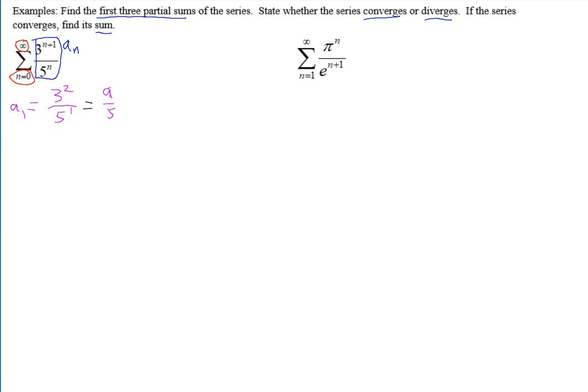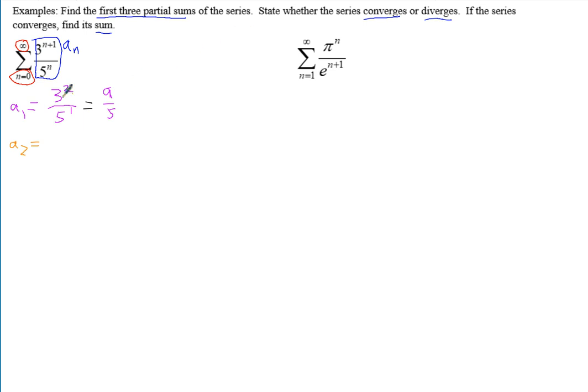So before we find the first three partial sums, let's just take a look at these, because if it's not obvious what the common ratio is, it's easier to just find the terms first to see what the common ratio is. So there's our first term. The second term, we plug in, the next integer would be, oops, I'm sorry, I made a mistake on the first one there.